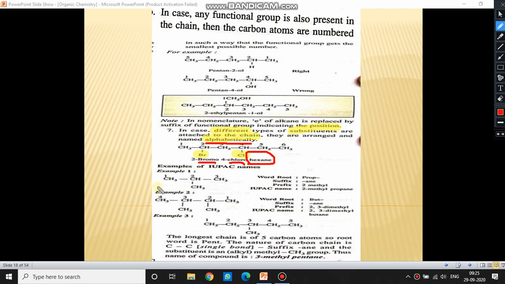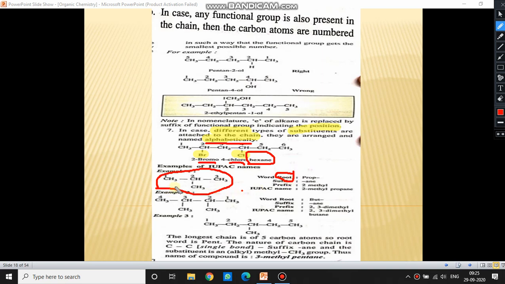Now this is very simple. In this example, can you see any functional group? I cannot see. It is simply a hydrocarbon. So what's the rule? First of all you find the root word. Root word means name of the parent.